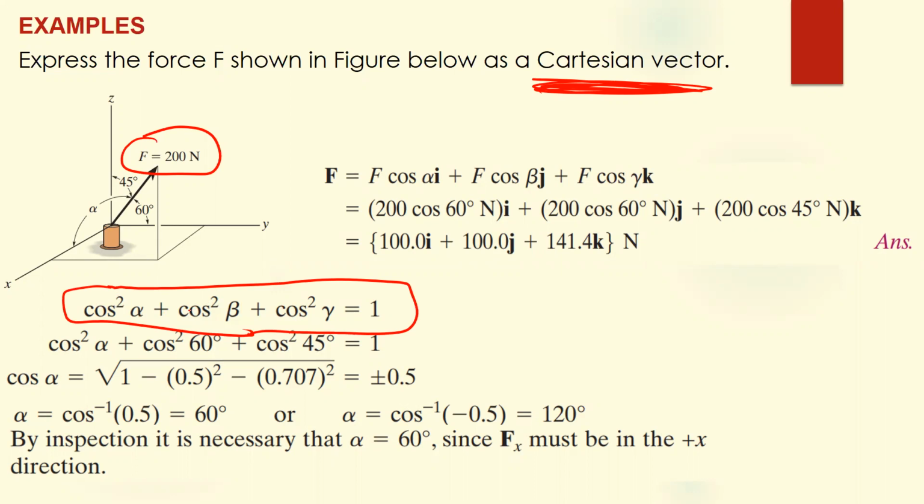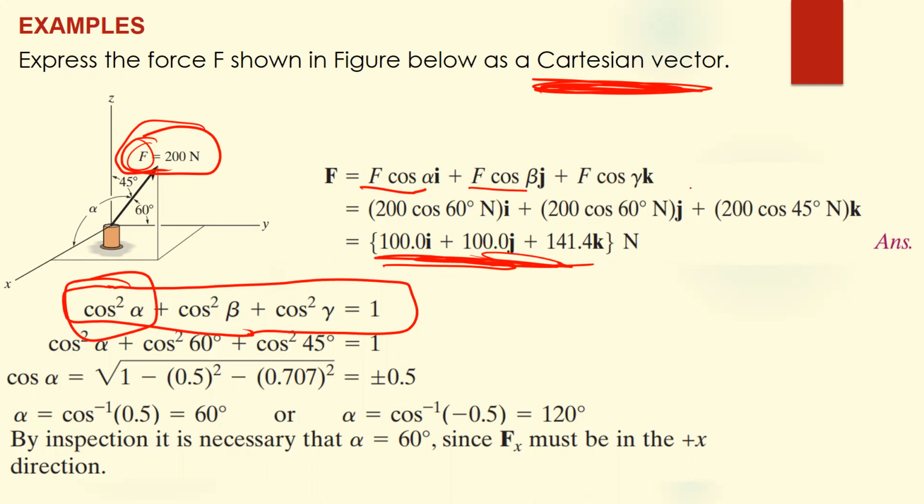And then from there, you can just multiply the force with its corresponding direction cosine. So the first term will go with cos alpha, then you multiply it with F. Then the second term will go with cos beta, we multiply it with F. The third term will go with cos gamma, we multiply it with F as well. So this is what you are going to get as the solution.